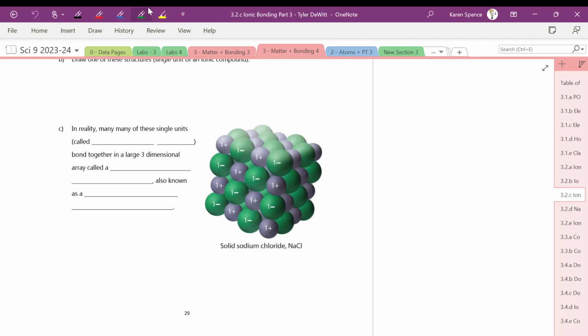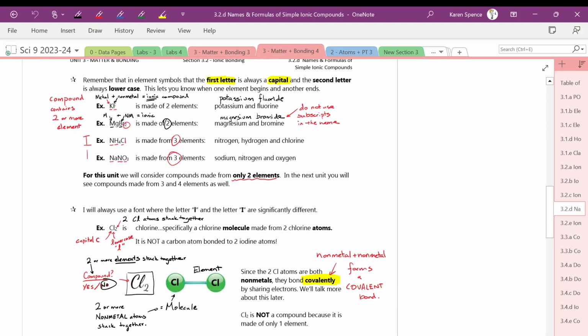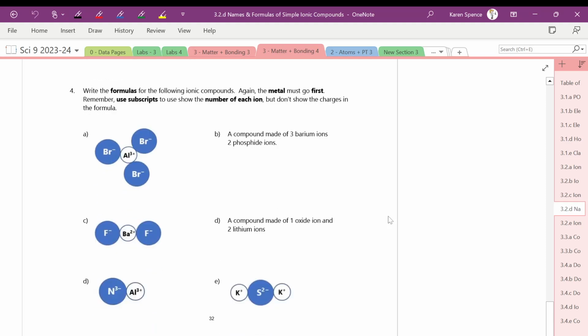Page 29. And the rest of 32. Pages 29 and the rest of 32. I'll put that on the board. Get rid of all this.